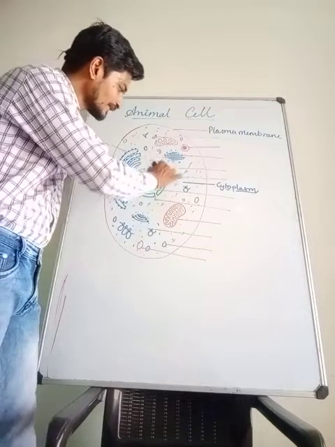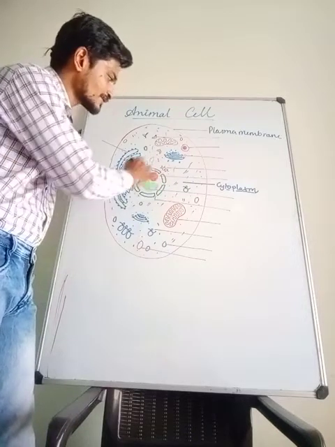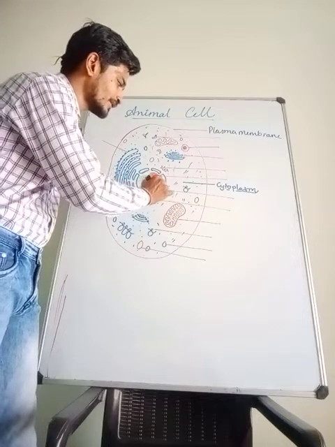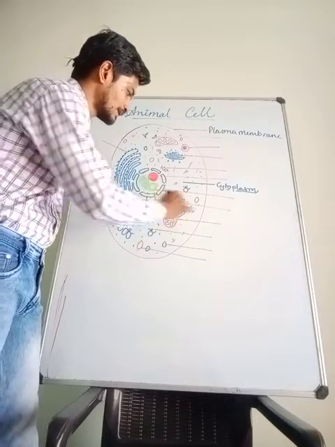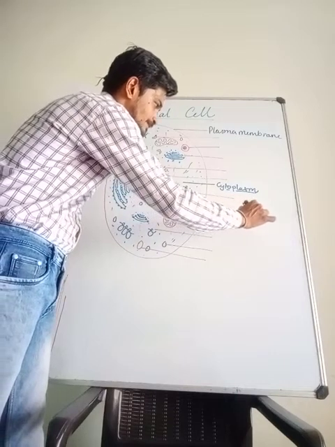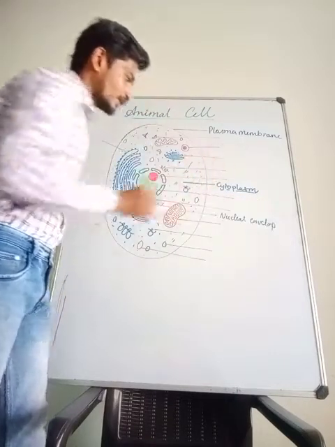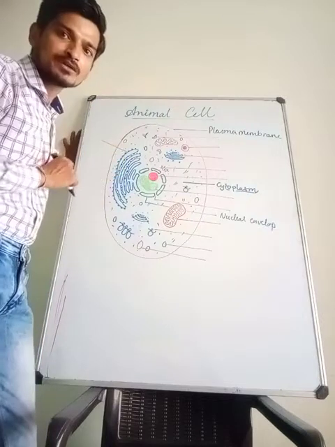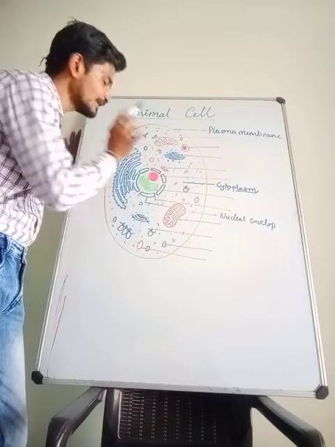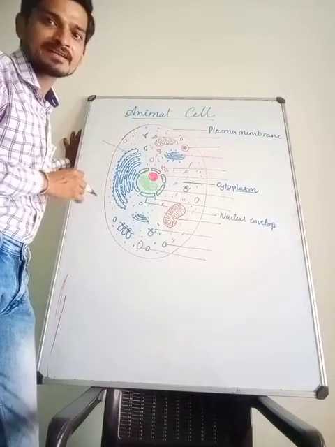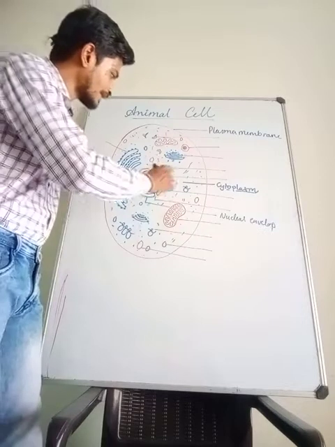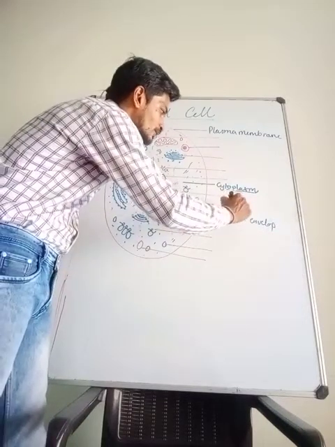The nucleus is made up of a double membrane structure called the nuclear envelope. Now we can see that this nuclear envelope is not continuous. It has many tiny pores so that the nucleus and the cell can communicate, and these pores are known as nuclear pores.